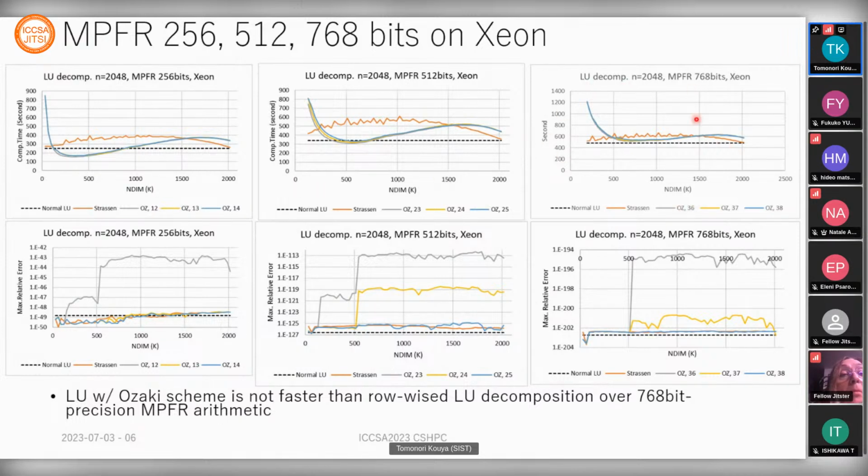In 768-bit MPFR precision arithmetic, LU decomposition with the Ozaki scheme cannot be faster than another kind of LU decomposition, like this. So that shows the limit of application of the Ozaki scheme to LU decomposition.